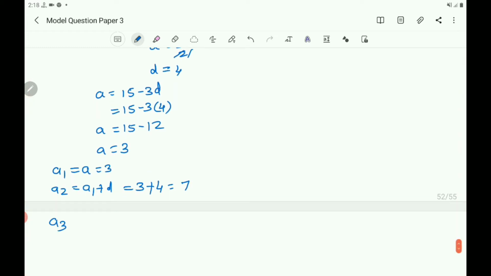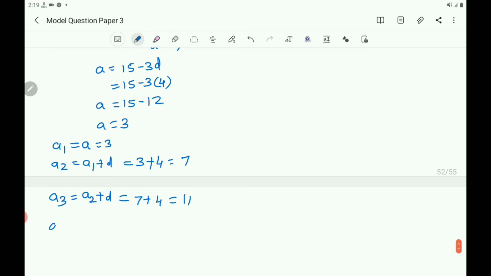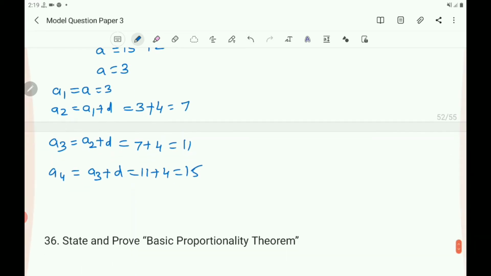Then A3 is second term plus common difference. A2 plus d. A2 is 7. 7 plus 4, 11. Again you can get A4 also. A4 is A3 plus d. A3 is 11. 11 plus 4, 15.